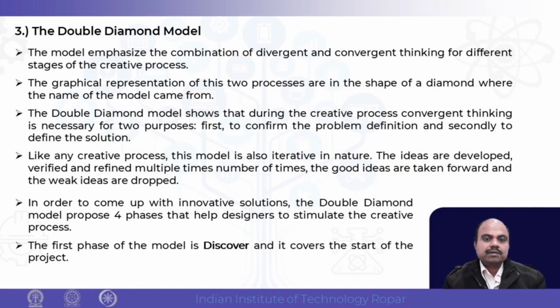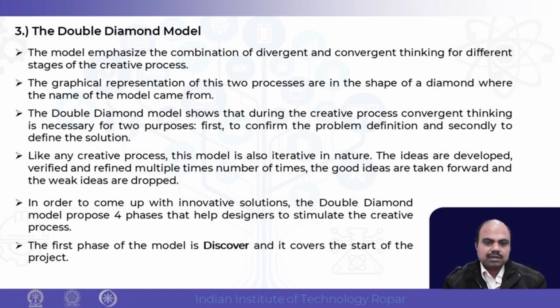So this double diamond method is a combination of divergent and convergent thinking for different stages of the creative process. The graphical representation of these two processes is in the shape of a diamond, which is named by this one. So the double diamond method shows that during the creative process, convergent thinking and divergent thinking are both important.